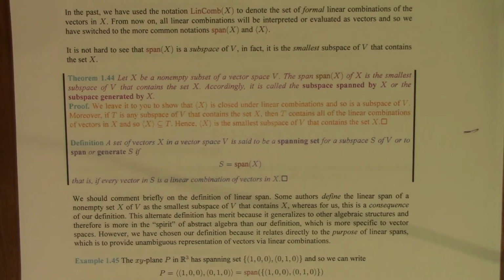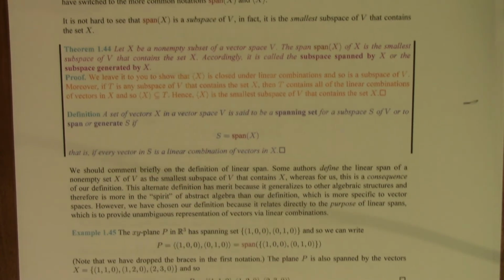The other definition, as the smallest subspace, actually has considerable merit. For one thing, it generalizes to other algebraic structures, and therefore it's more in the spirit of abstract algebra. Our definition is specific to vector spaces, actually also applies to modules, but we don't need to worry about that.